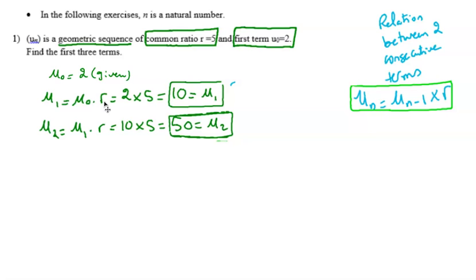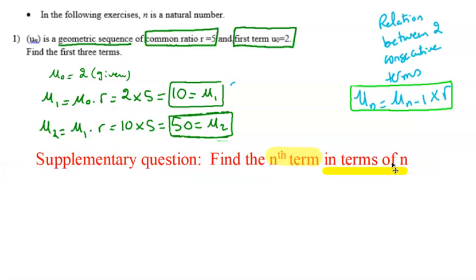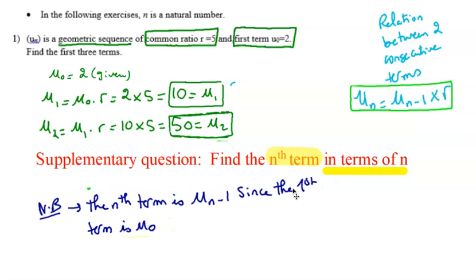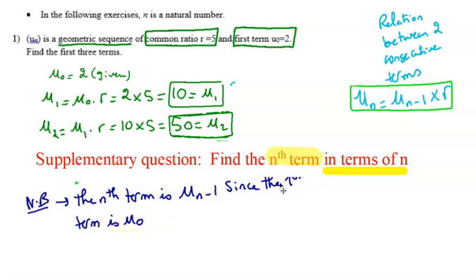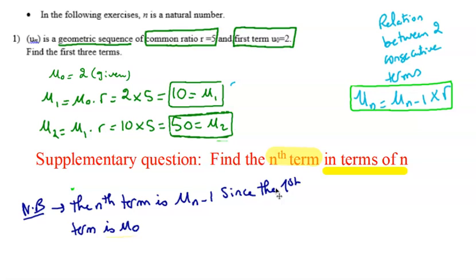Now I can ask a supplementary question. If we are asked to find the nth term in terms of n in this sequence, what can we do? The nth term here in this case is un minus 1, because we started by the first term u0, not u1.